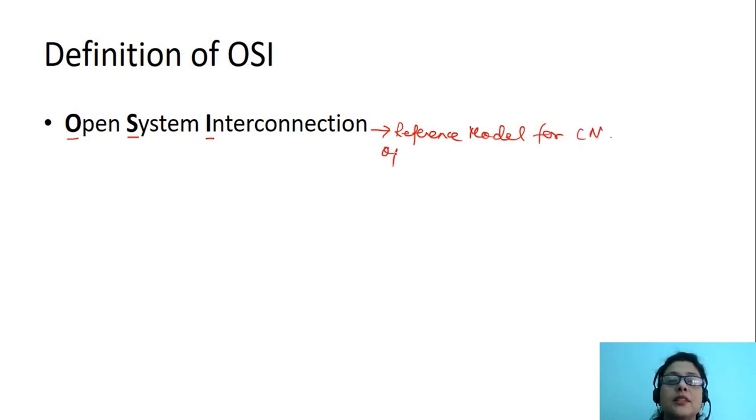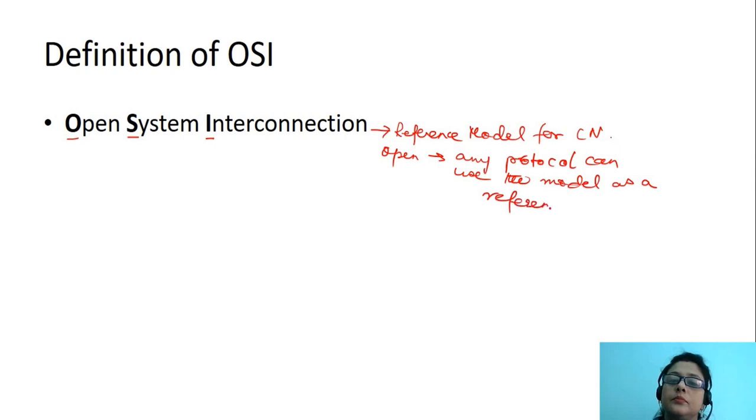This is open in the sense any protocol can use the model as a reference. There is no specific protocol in OSI. That is why it is Open System Interconnection.